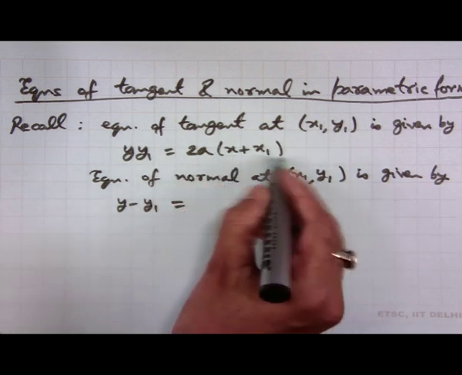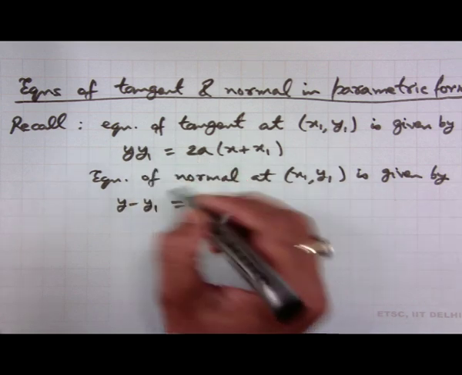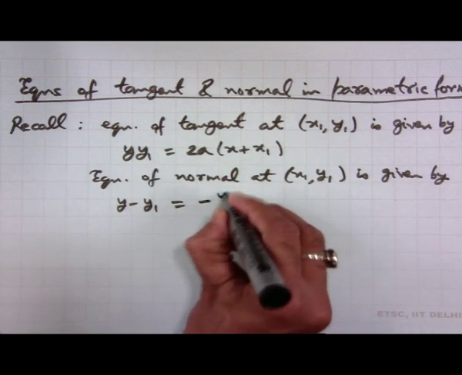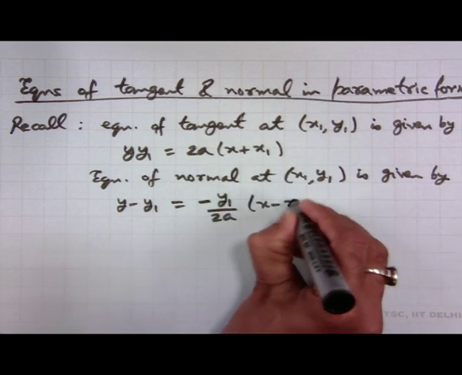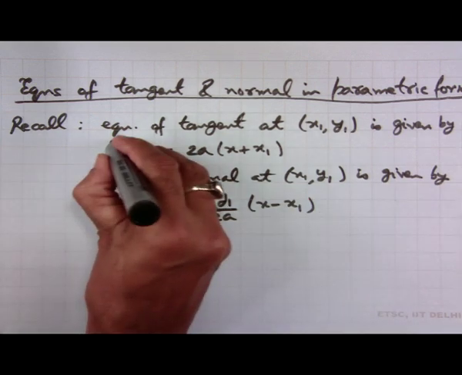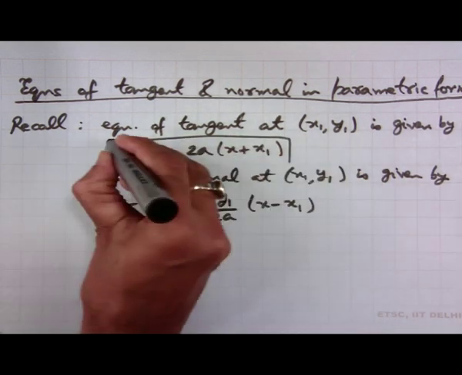You can see easily from this equation that the slope of the tangent is 2 a by y 1, so the slope of the normal is minus y 1 by 2 a. So these are the two equations of tangent and normal.